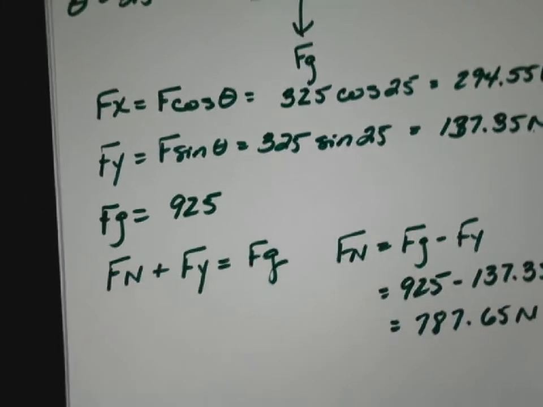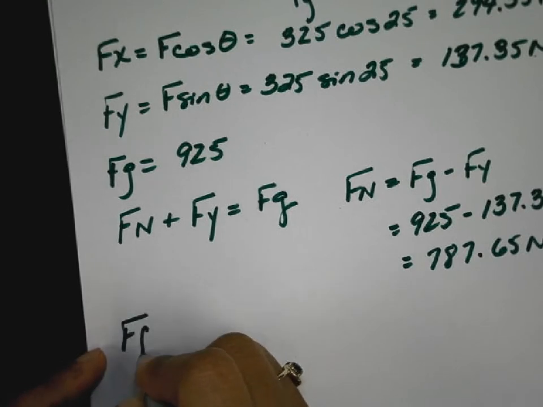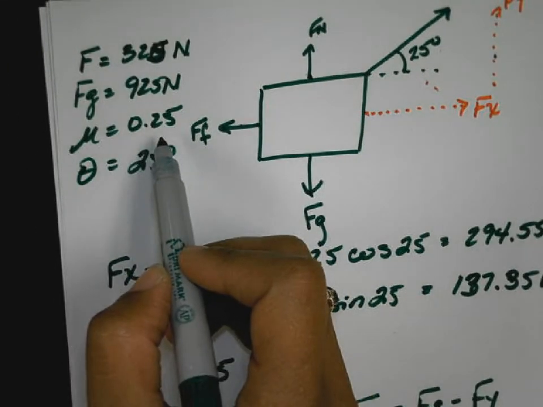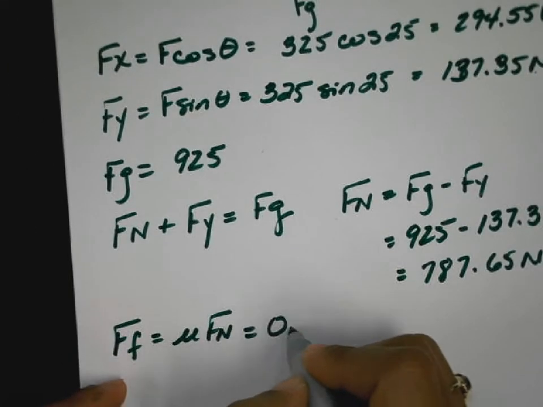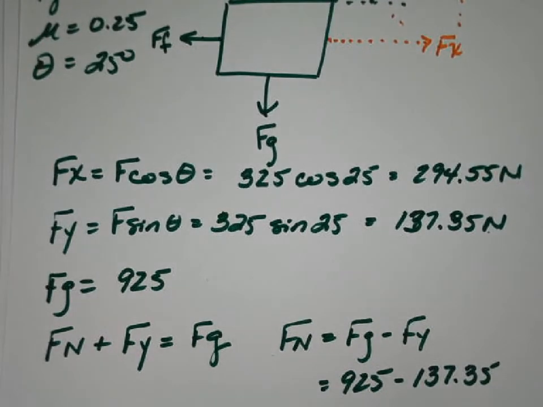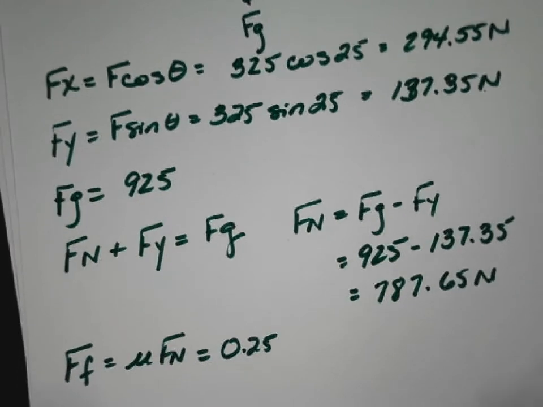Alright, so friction is mu times the normal force. Mu they give us is 0.25. The normal force we found right here is 787.65.